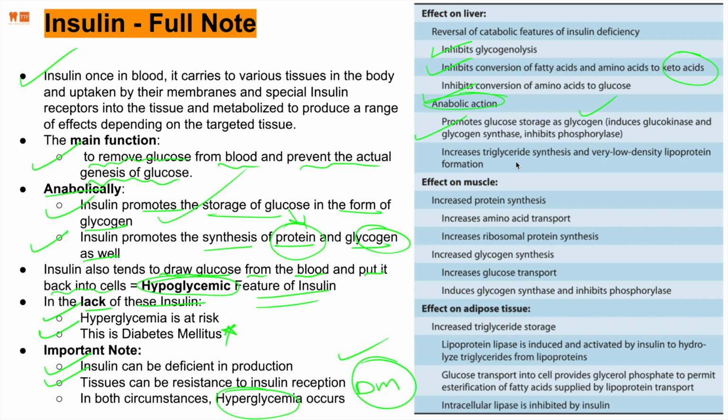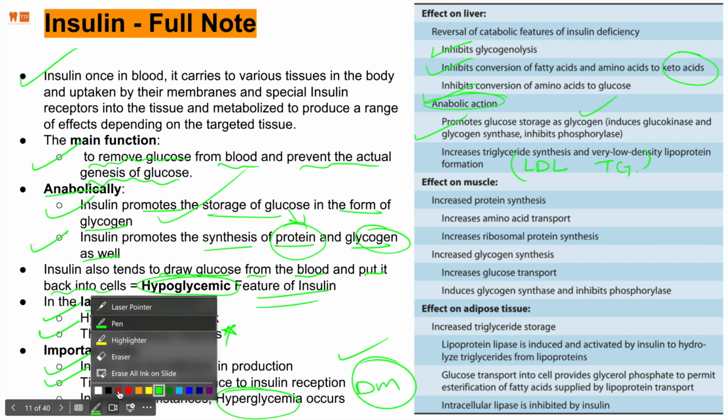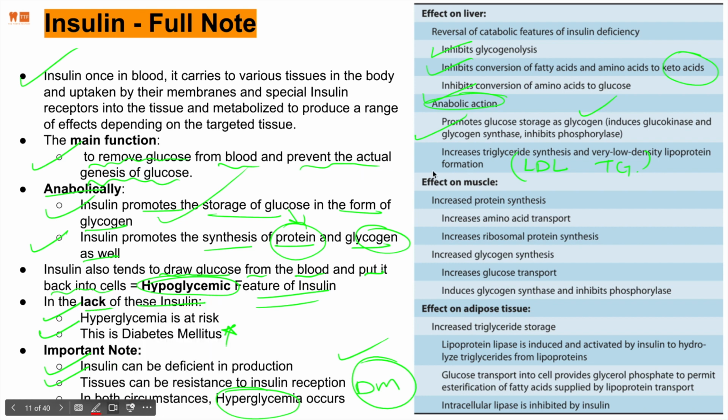It increases triglyceride synthesis and very low density lipoproteins, so LDL and triglycerides. These are bad proteins, you guys. And of course, they're cholesterol, so it causes heart problems. In muscles, it increases protein synthesis. That's great.